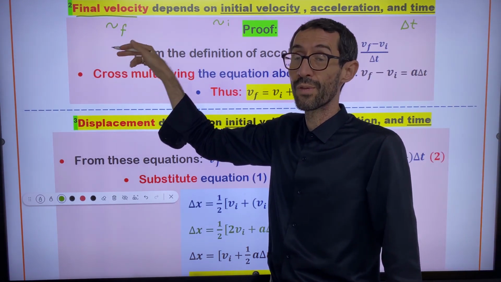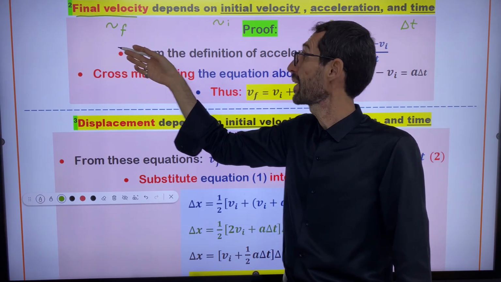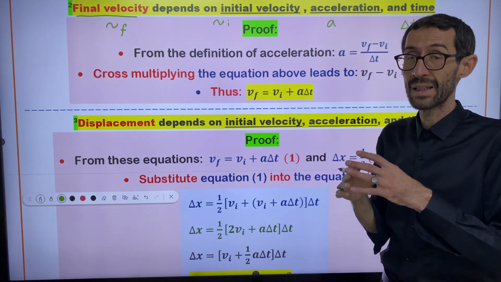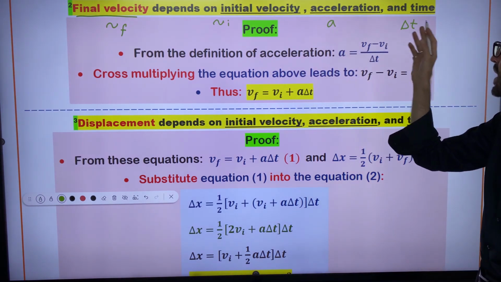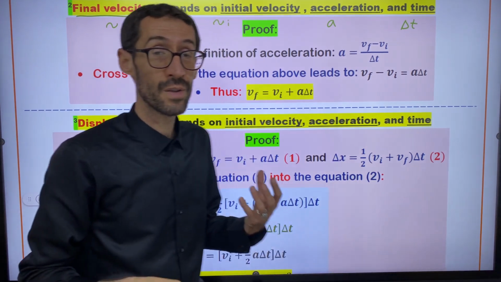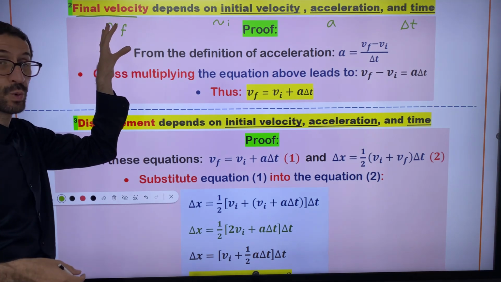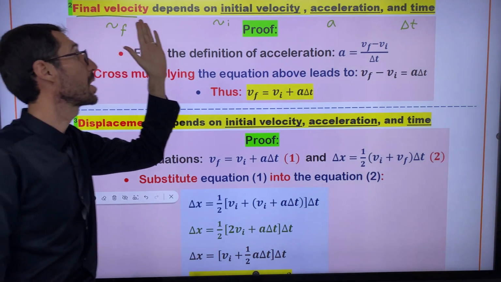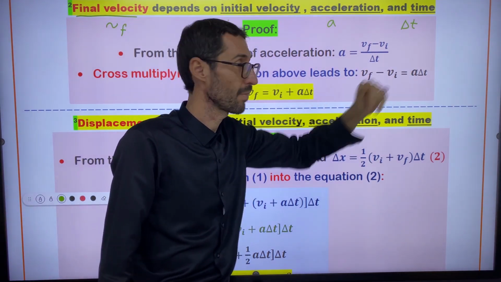The rule starts with the final velocity, and includes the initial velocity, acceleration, and time. Or in other words, let's say it starts with Vf in terms of initial velocity, acceleration, and delta t. Right.